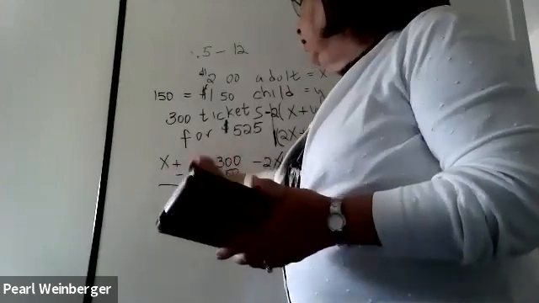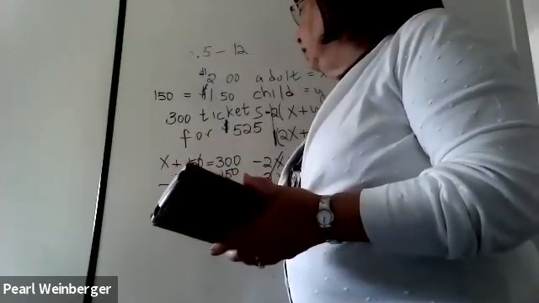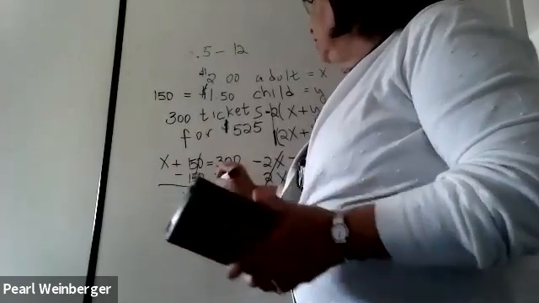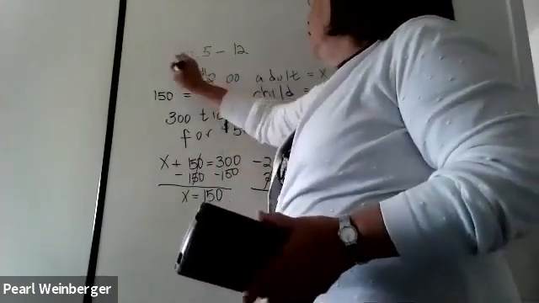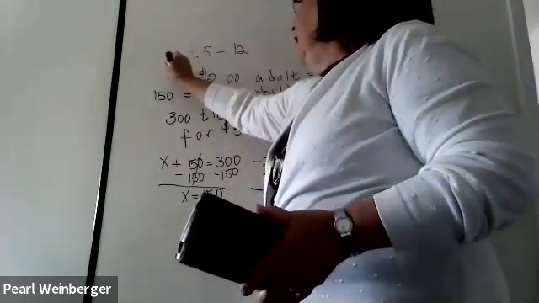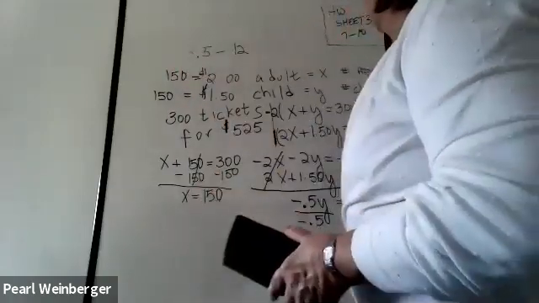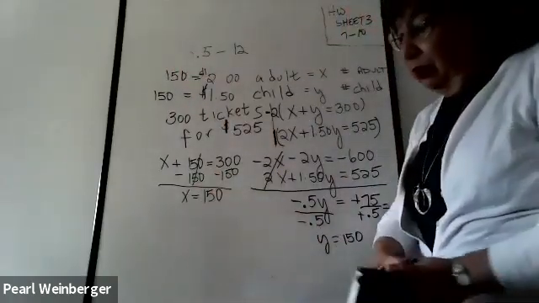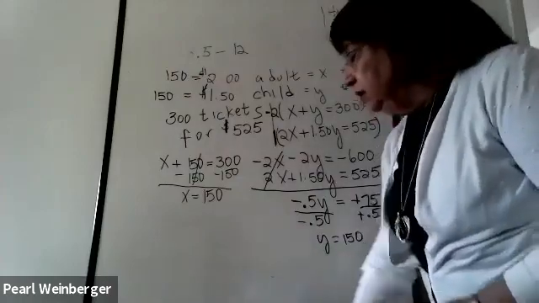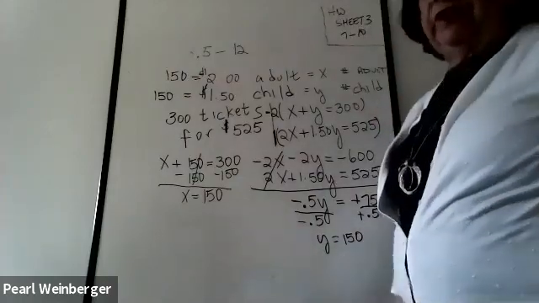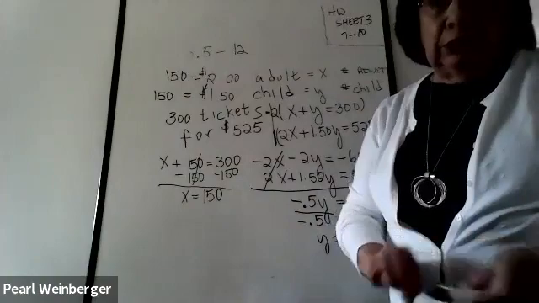So we then get x equals 150 as well. It turns out that the number of adult tickets and the number of children's tickets were exactly the same number. There were 150 adult tickets sold and 150 children's tickets sold.